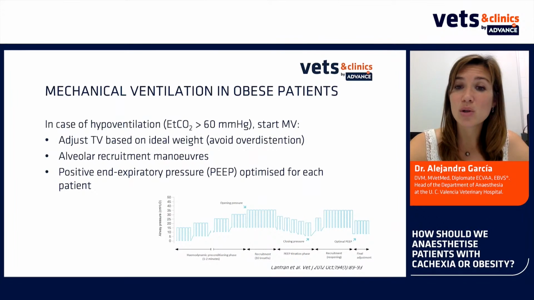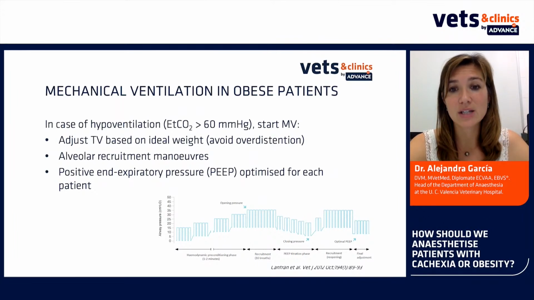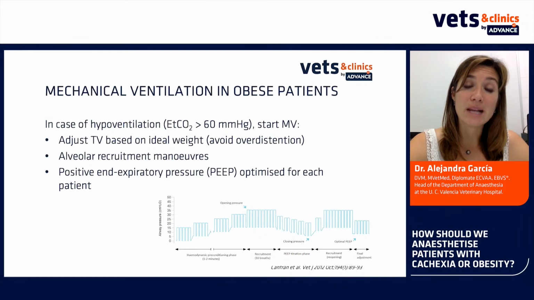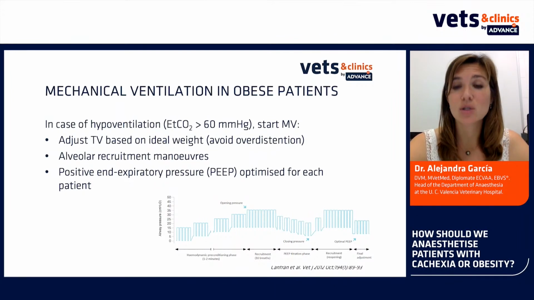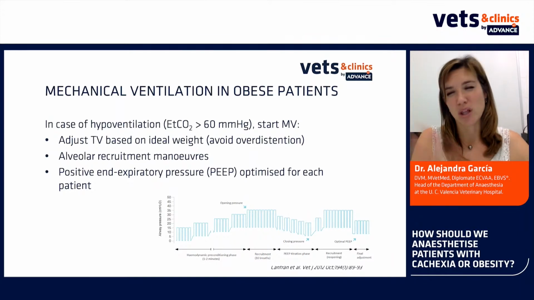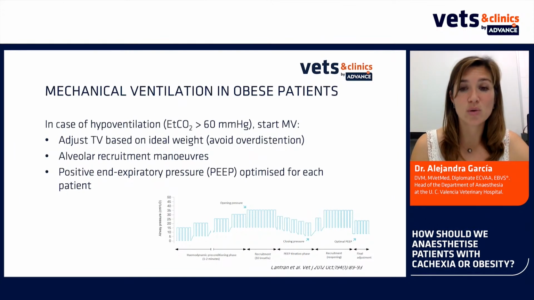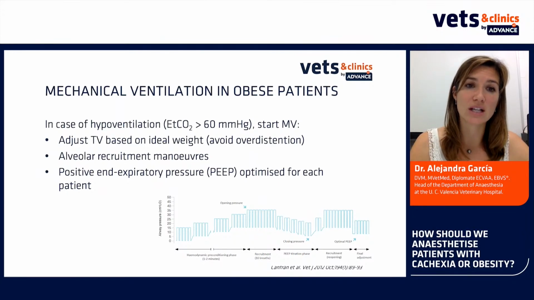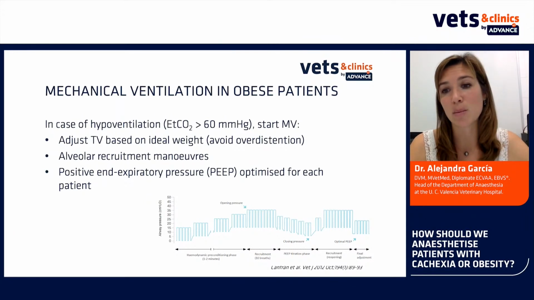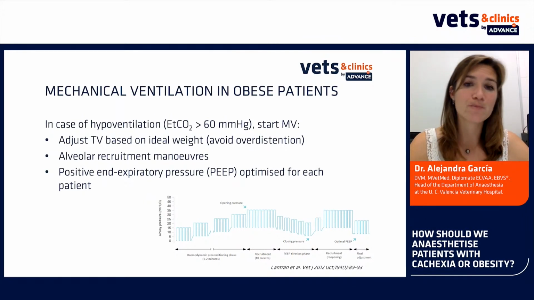The tidal volume, if you don't remember, is around 10 mils per kilo, approximately. So if we go back to our example of the 35 kilo obese Labrador, but we thought his ideal weight should be 30, his tidal volume will be 30 times 10, so 300 mils. And that's what I will put on my ventilator for the tidal volume if I am ventilating by volume.